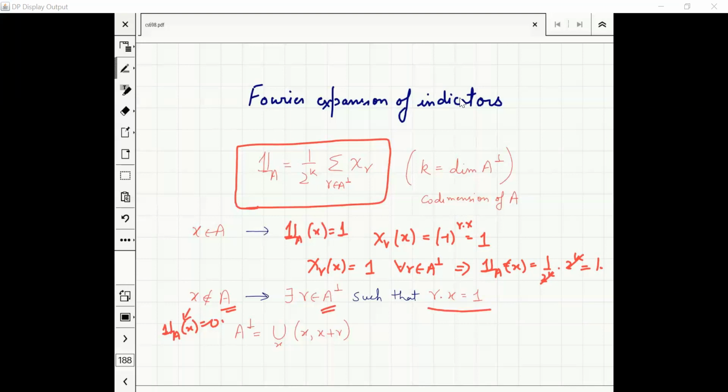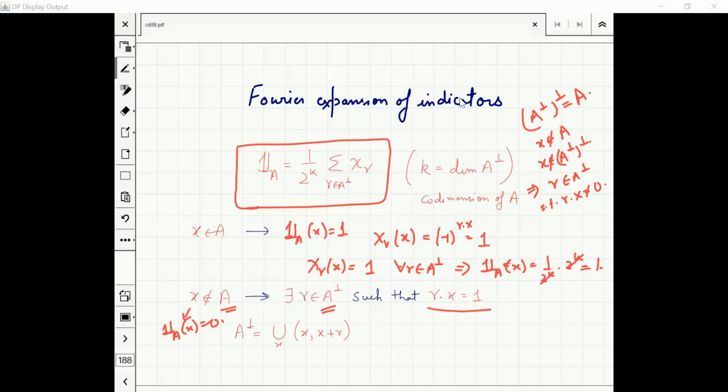Again, this follows from the fact that A perp perp is equal to A. Any questions about this calculation?